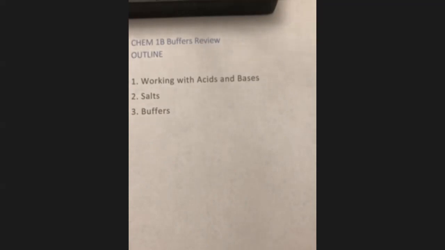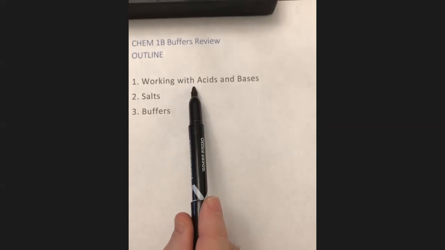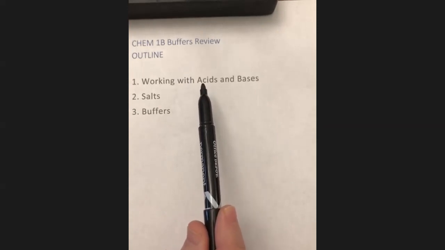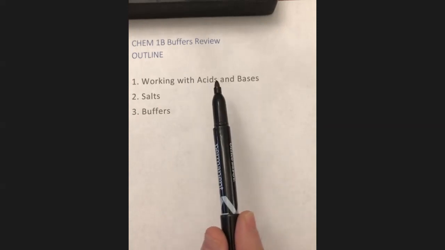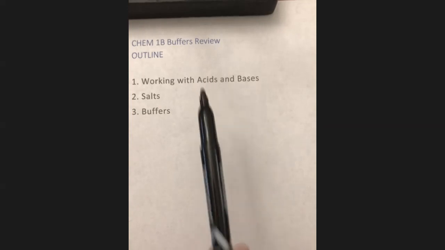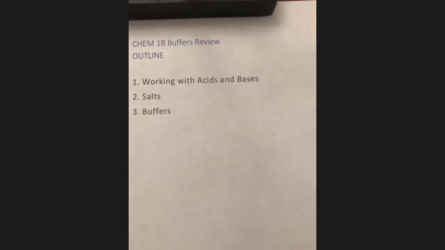Over the years, I've gotten some experience, and one of the things I've noticed is that this is one of the topics that students seem to struggle the most with. A lot of it goes back to not really understanding how to identify who is the acid and who is the base in a chemical equation, and what each one of those performs in the process, okay?